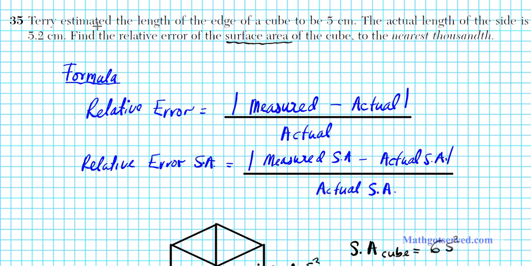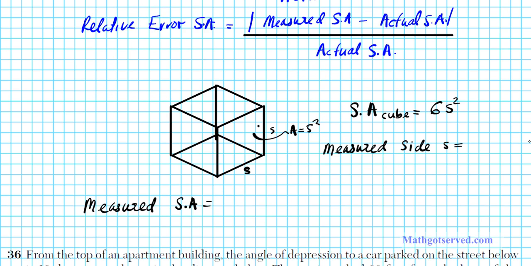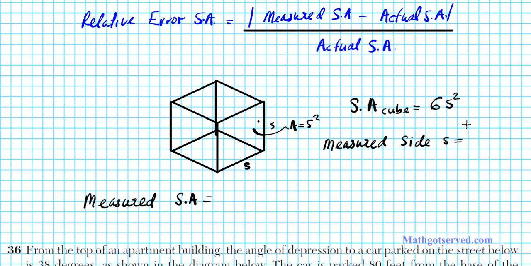She estimated 5 centimeters, so that's the measured side length. So measured side s is 5. So the measured surface area is going to be 6s squared, which is going to be 6 times 5 to the second power. And then 5 times 5 is 25, times 6 is 150 centimeters squared.